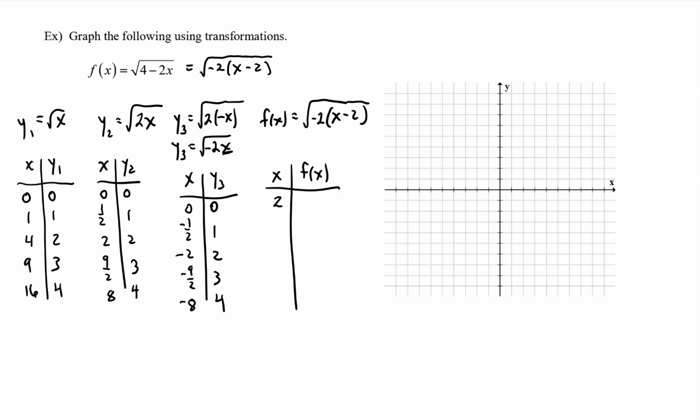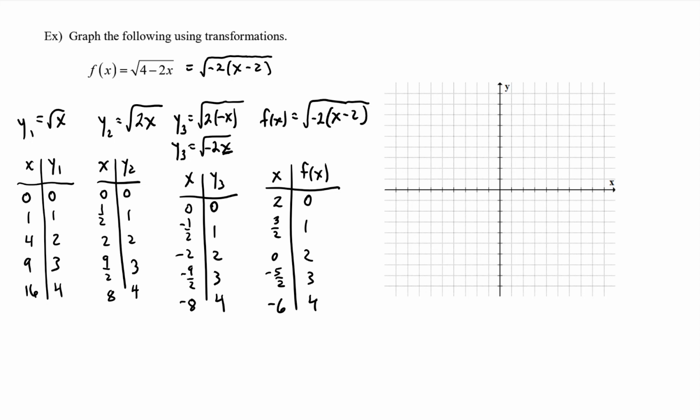So I'm going to end up at 2. If I did that right, 0 plus 2, and then a half plus 2, plus 2, plus 2, plus 2. I think we're okay. And then we're not going to touch the y's.